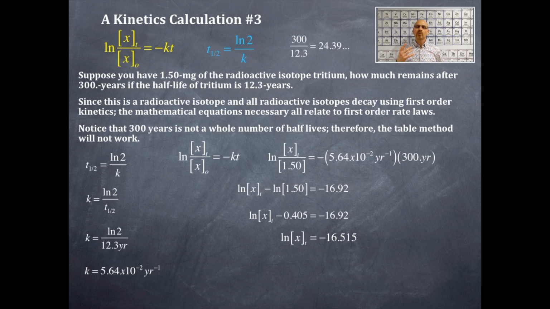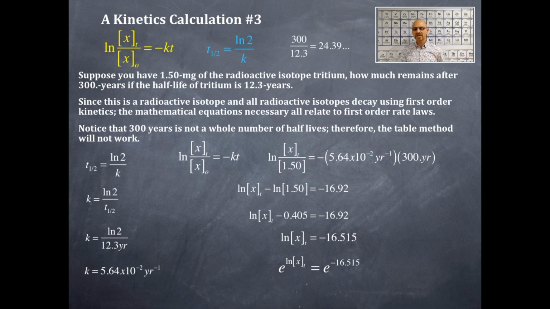Now I ask myself, what do I do to get rid of the natural log? I'm solving for x sub t, the amount remaining, in this case milligrams, at time t, which is 300 years. So I need to get rid of that natural log. Remember that e on your calculator is oh so critical. I'm going to take e to both sides, and that wipes out the natural log.